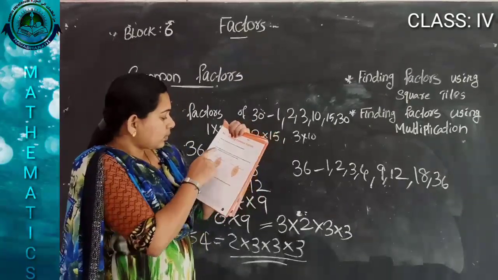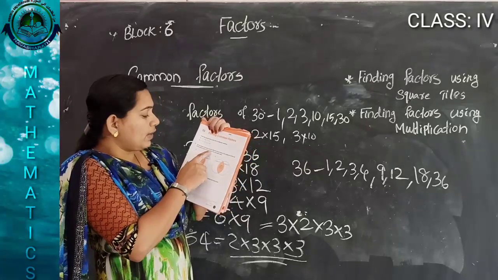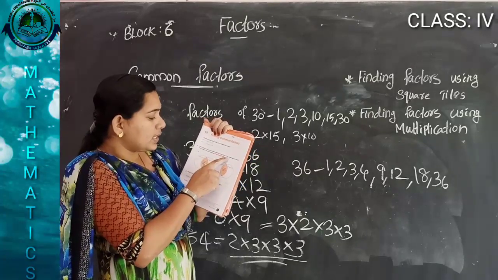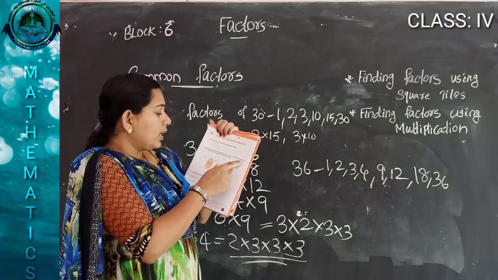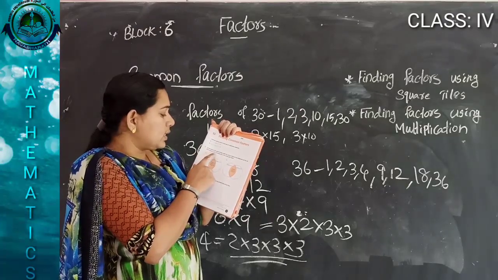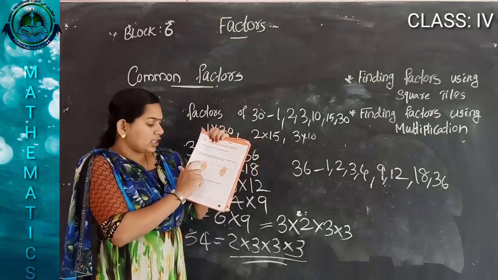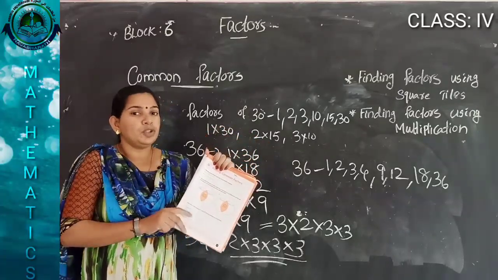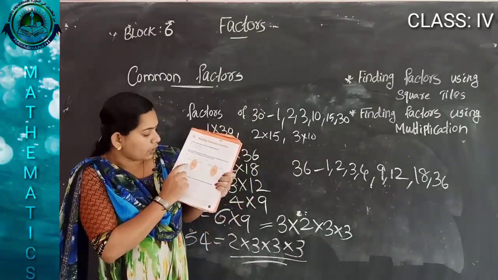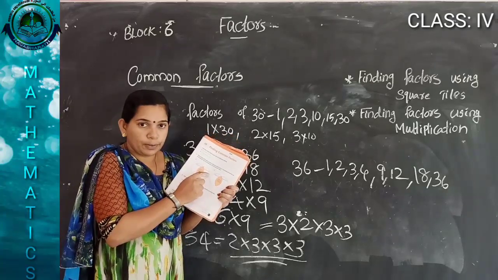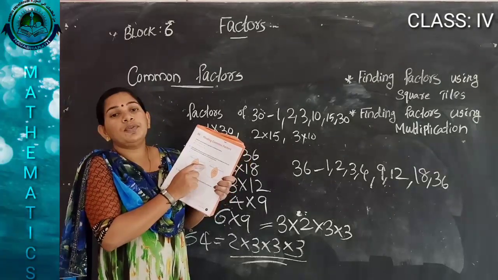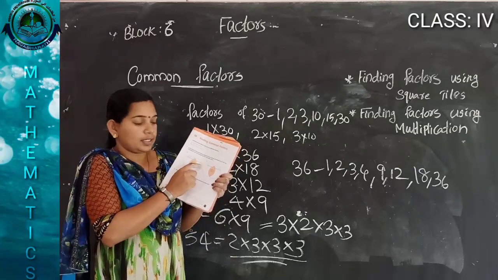The next, list the factors of the given numbers. Write the common factors in the shaded part and the rest of the factors in the non-shaded part of the circle. First, you want to find the factors of 8. In one paper, you should write the factors of 8 and the factors of 54. Then find the common factors.